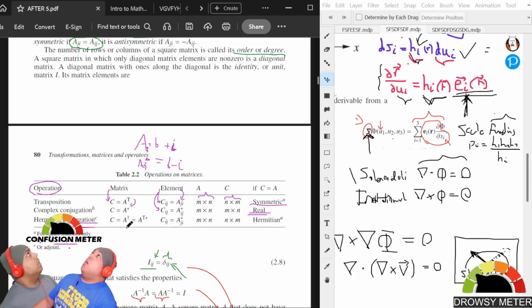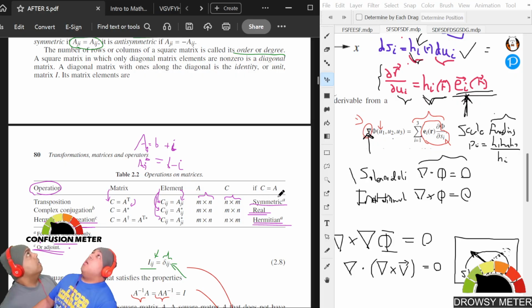C equals A Hermitian, equals A transpose conjugate. C is Aji, we transpose it and we conjugate it. Aji and conjugate. M times N, N times M. If C equals A, it is Hermitian, or adjoint is just another word.